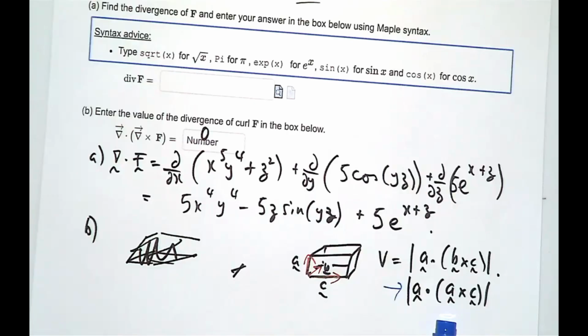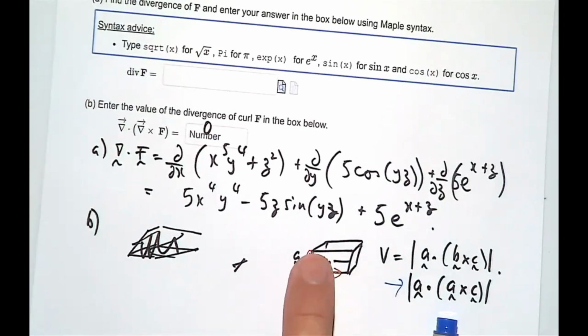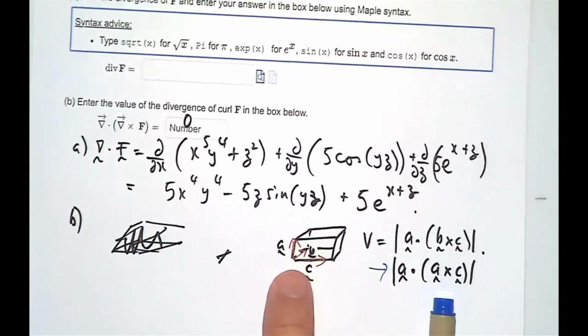There's no volume. A cross C is basically the area, and then the dot product doesn't give you any dimension after that. Yeah. So it's basically you're calculating the volume of a box that has no height. In the original thing, the box has definitely got a height, or a width, or a length.